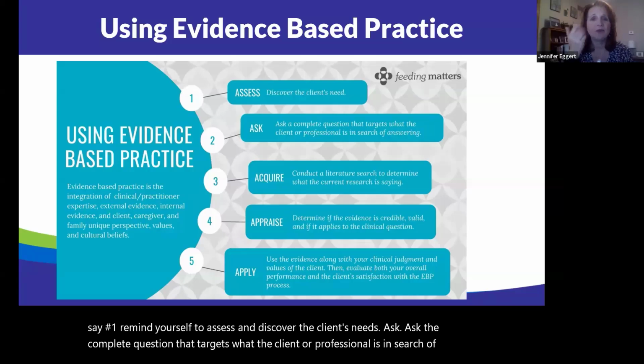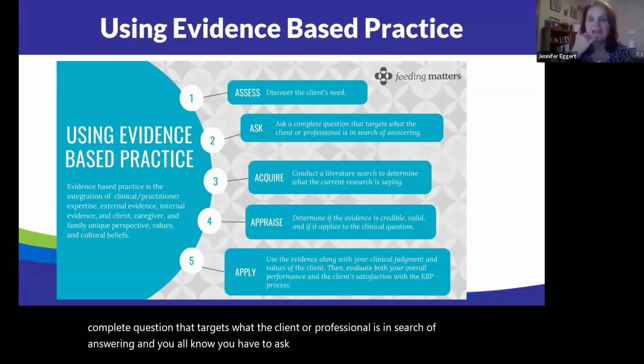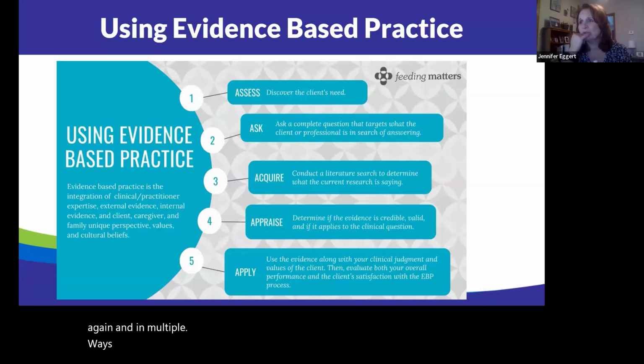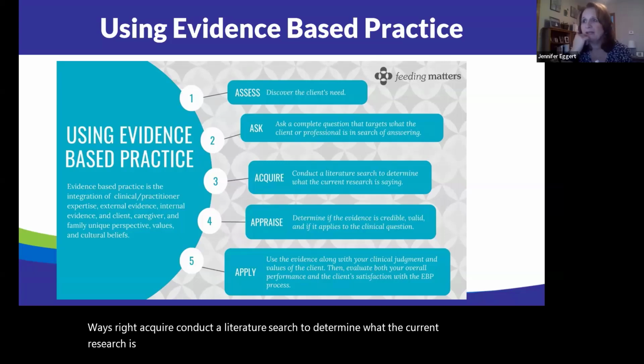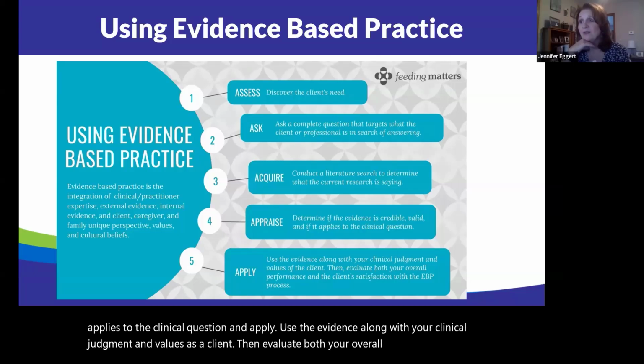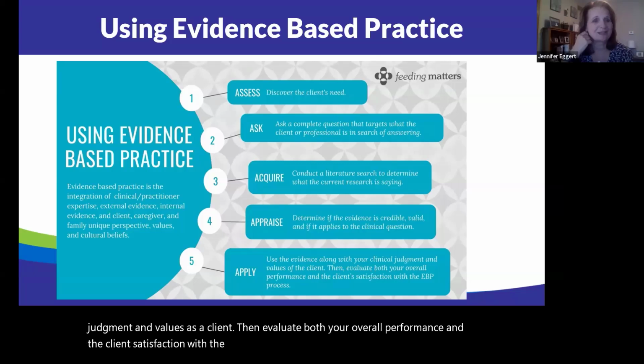And you all know you have to ask those questions again and again and again, and in multiple ways, right? Acquire, conduct a literature search to determine what the current research is saying. Appraise, determine if the evidence is credible, valid, and if it applies to the clinical question. And apply, use the evidence along with your clinical judgment and values of the client, then evaluate both your overall performance and the client satisfaction with the evidence-based practice process.